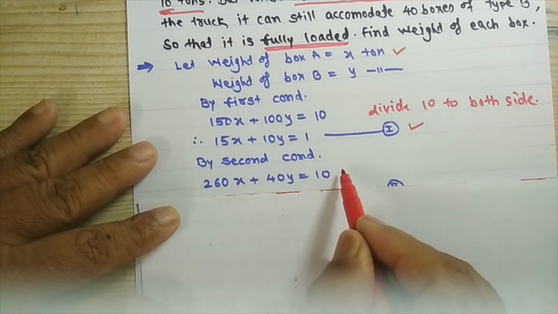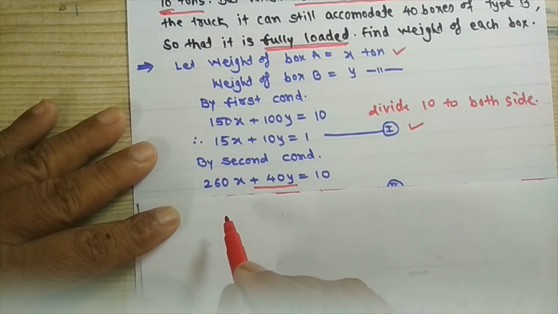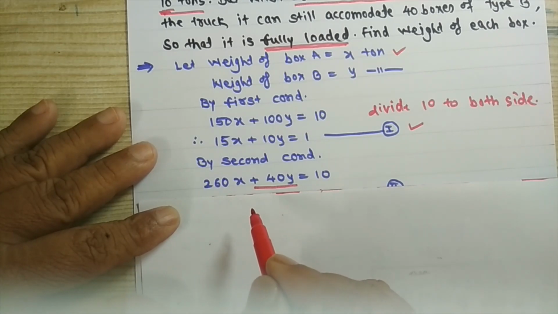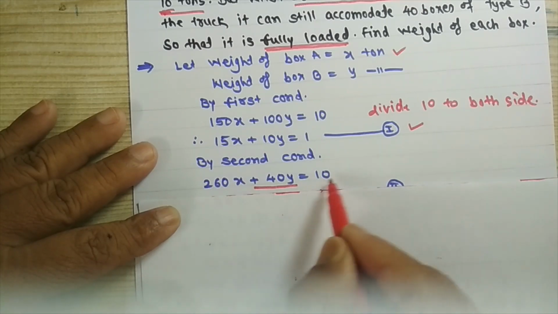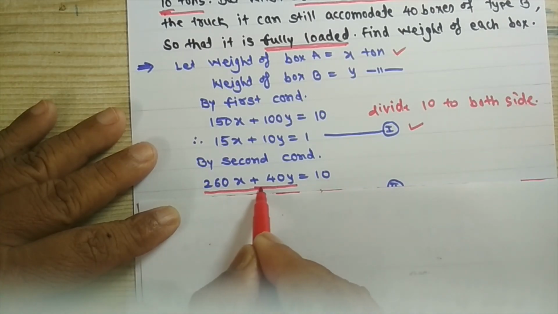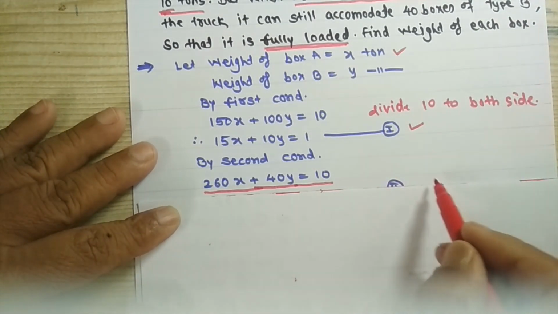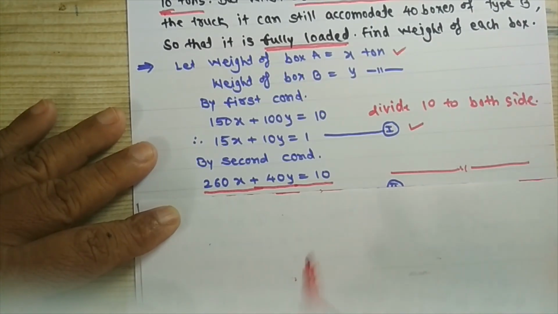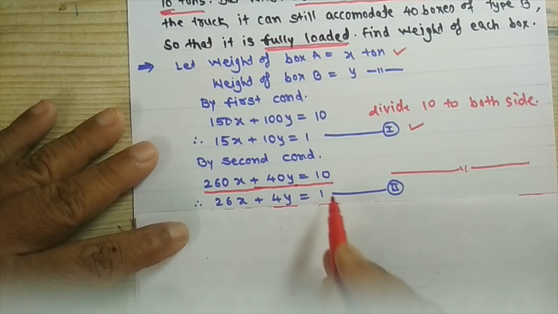Finally we convert into 10 tons, and we add 40 boxes of type B. So 260x plus 40y is equal to 10. Once again we divide this equation by 10. We get here 26x plus 4y is equal to 1.